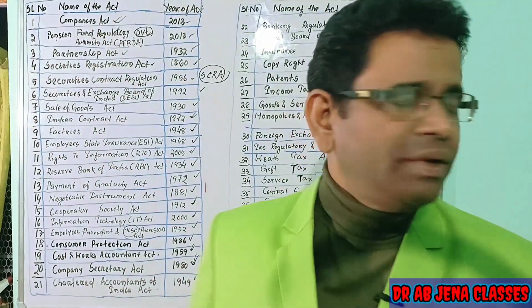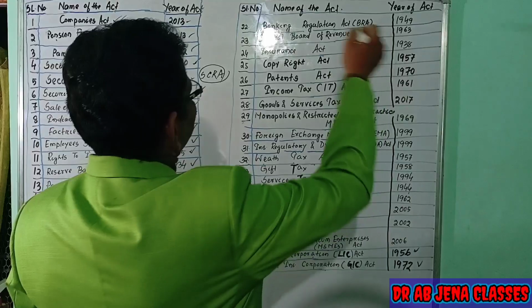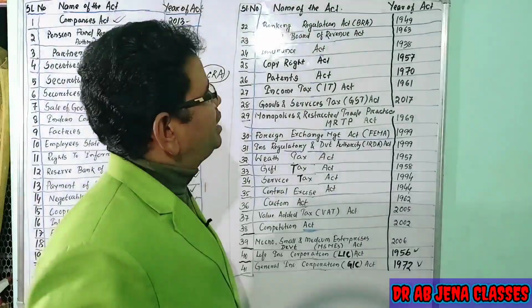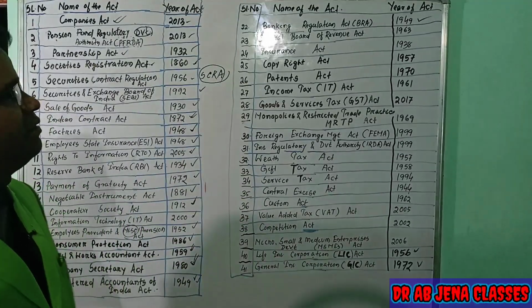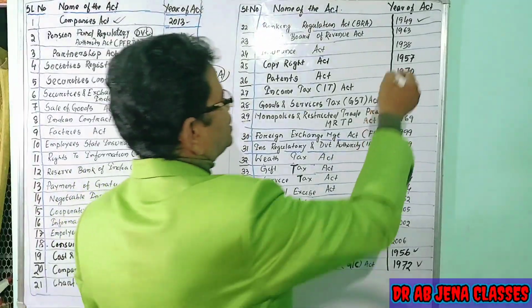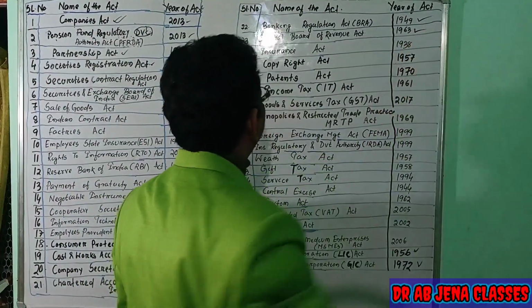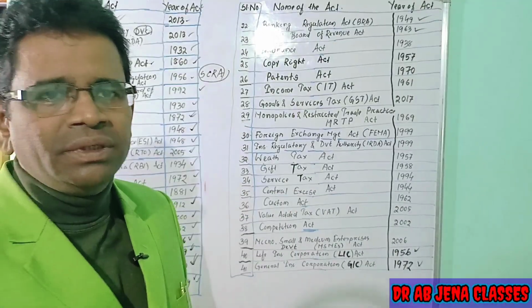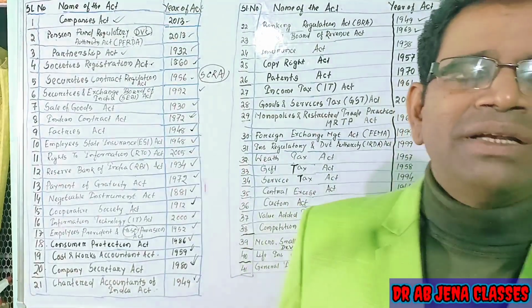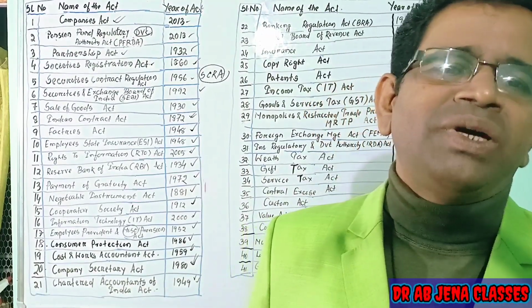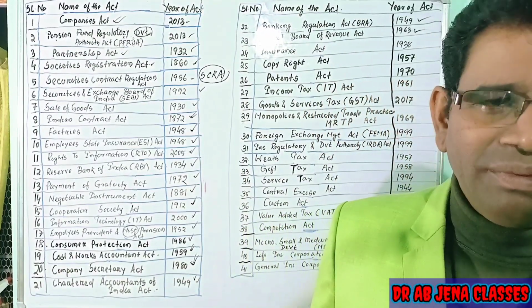Okay, dear friends, come to the right hand side. The Banking Regulation Act, BRA, is 1949. Then the Central Board of Revenue Act is 1963. Insurance Act: right now one paper is banking and insurance management, or fundamentals of insurance or fundamentals of banking.